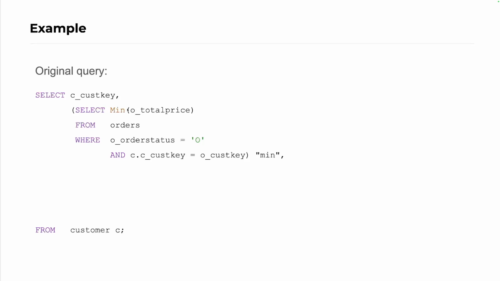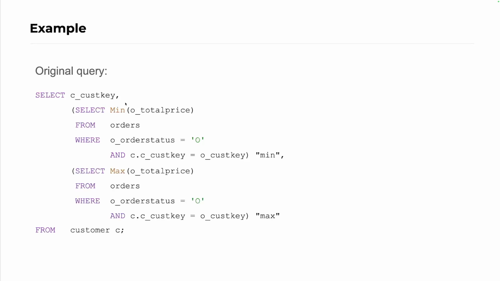Now, at some point, the developer of the application decides, I need not only the minimum order, but also need to compute the maximum order. If the developer were to manually rewrite this query, probably we would just add another max aggregate function into the subquery. But since we're using a query generator, the query generator will happily pile up another subquery for us.